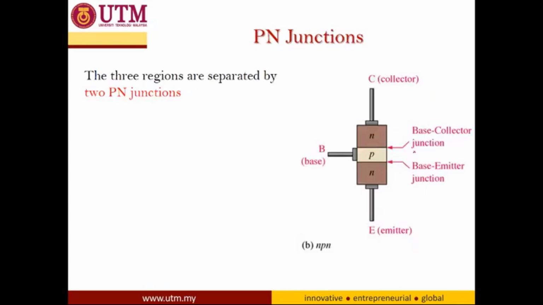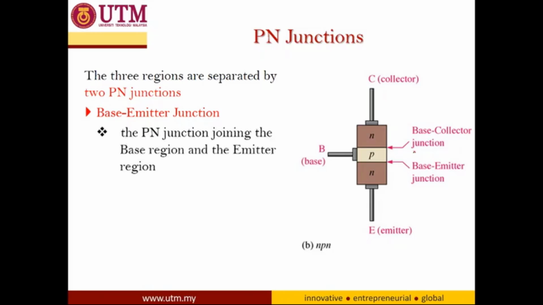Okay, and because we have three layers with alternating doping type, there are two PN junctions formed in the device. So again, what is a junction? A junction is an interface or the boundary between N-type and P-type. The first junction is between the base and emitter.